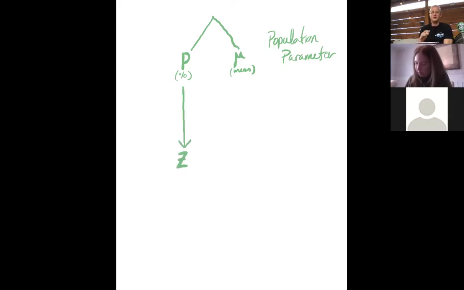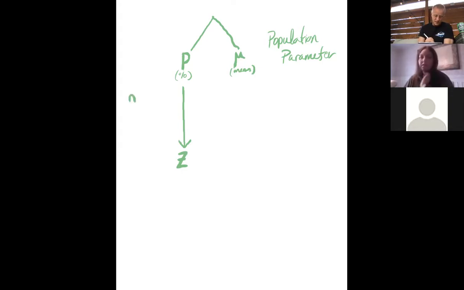For our purposes, we're always going to be using Z, but there are some conditions we have to meet in order to do that. The problems you're going to be presented with already meet the conditions, so you don't have to test.